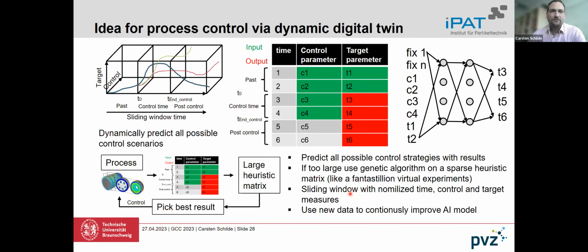You also use your machine learning, your artificial neural network, to predict several process states at different process conditions at different time steps in the future, and then choose the best one to control your process to reach your target value in the best and fastest manner, and also in a robust manner. That's the other thing that can be done.